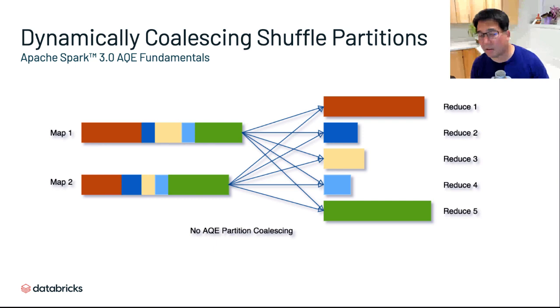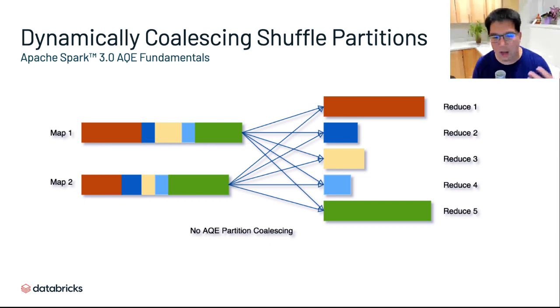Too many partitions, back to our original problem, often slow performance because you've got too many small files translating to too many small tasks, which saturate the Spark task scheduler, and too many fetches will saturate the network I/O.